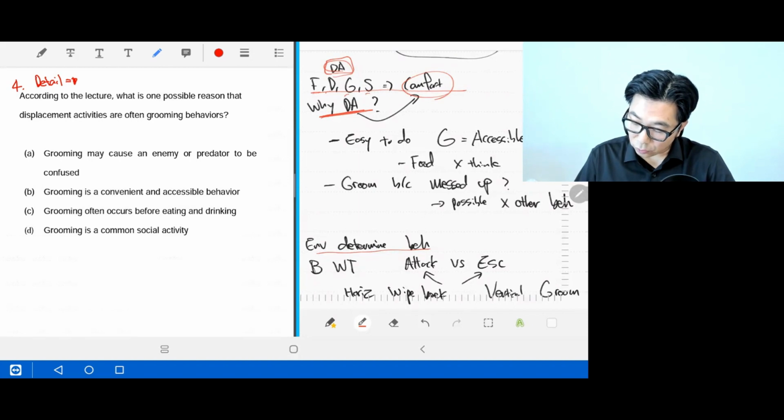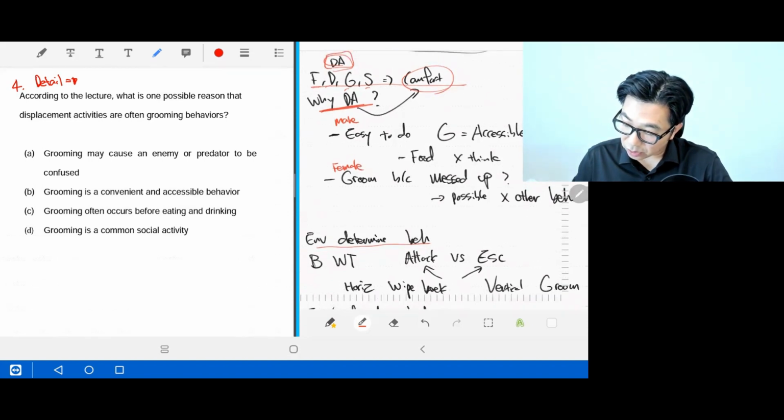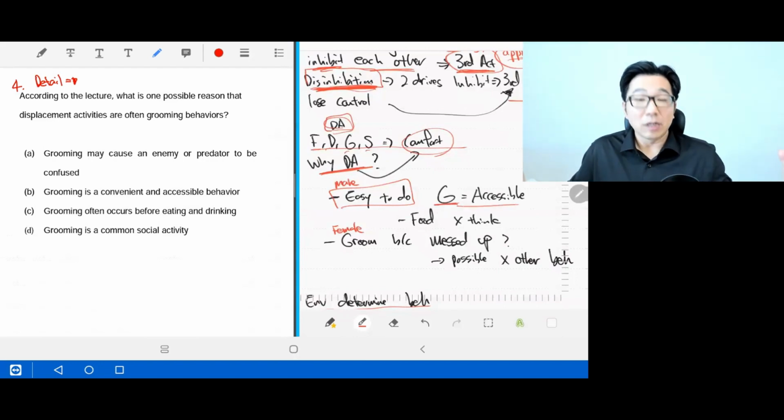And two possible reasons were mentioned, one by the male student and another by the female student. Remember? Right? And first, the male student mentions, okay, here, maybe it's easy to do, okay? And he says, grooming, for example, it's very easy to do. It's accessible. It's there.